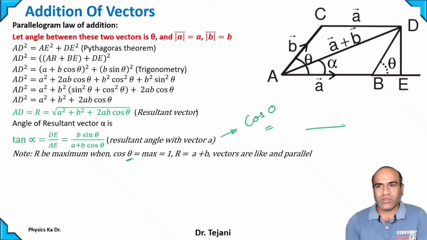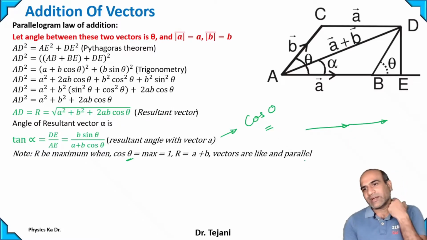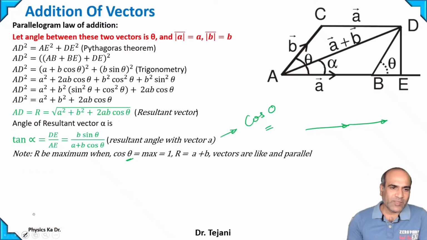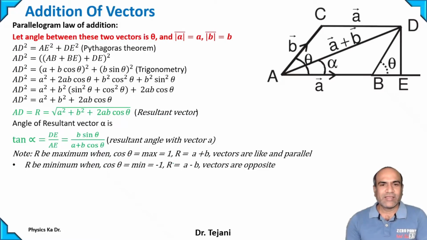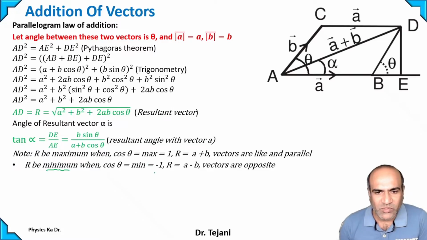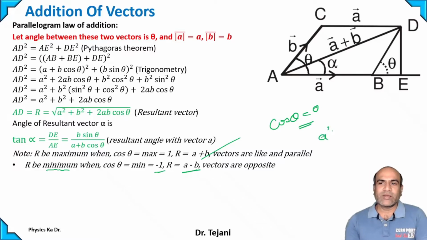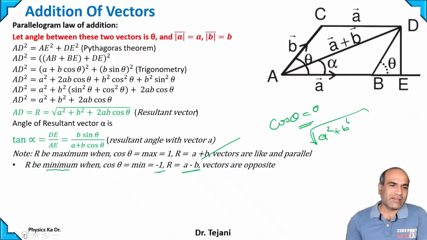That means both vectors have the same direction. Only then can this happen. So theta is equal to 0, and R can be minimum when cos theta is minus 1. The opposite can be there: A minus B. Or sometimes you can take cos theta equal to 0 also. Then R is the root of A square plus B square, and this happens when there is a 90-degree angle.